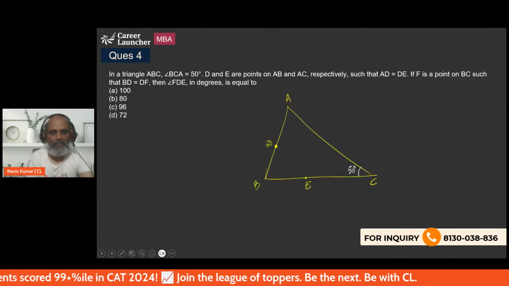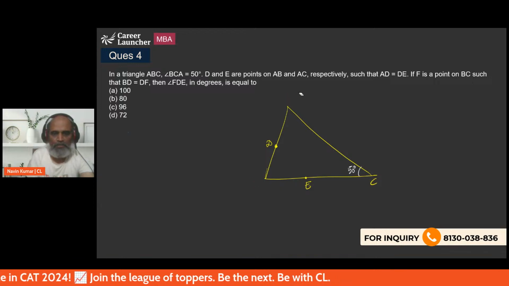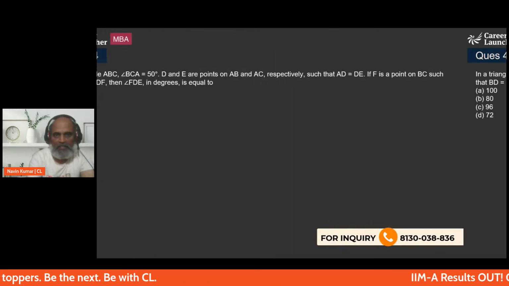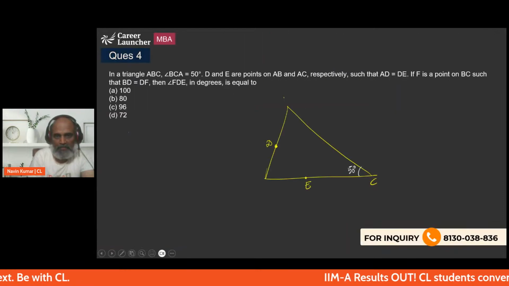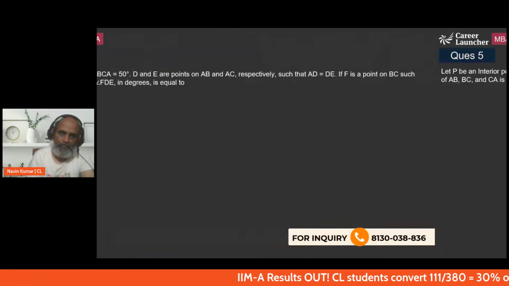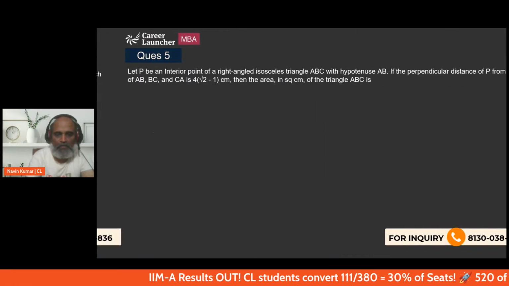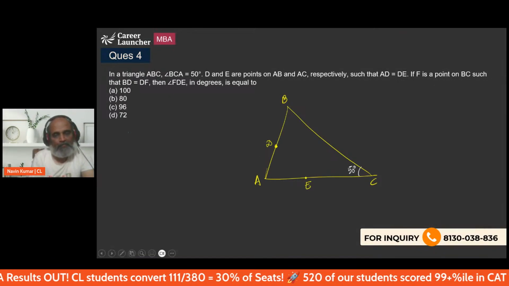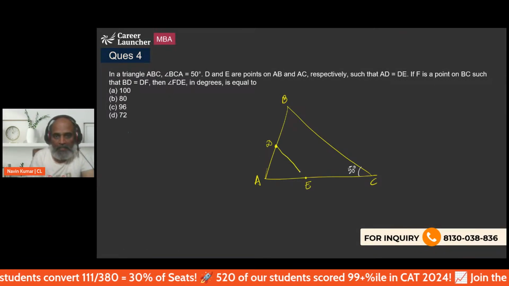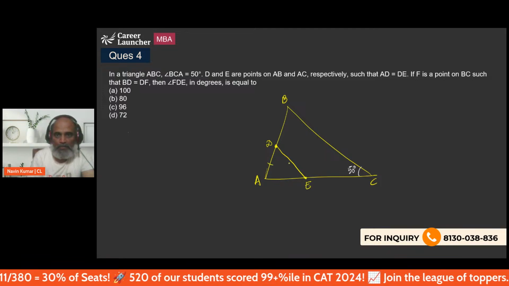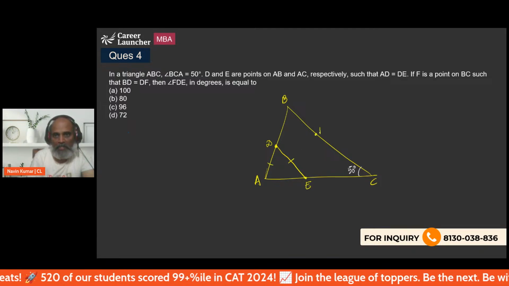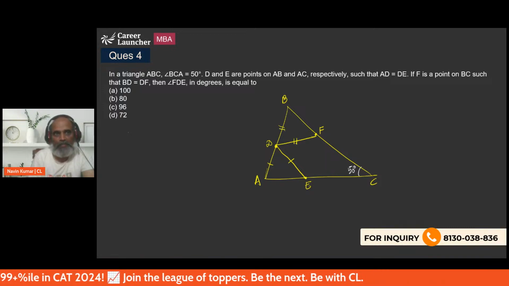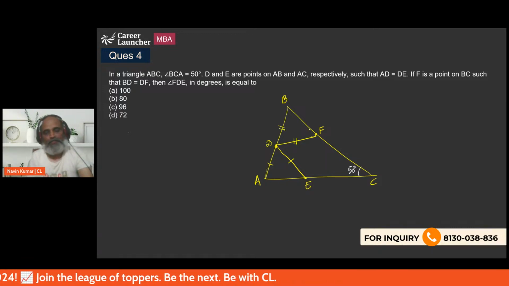Acha, I had taken these two as reversed. So B was at the top. This is B, this is A. So we had AD equal to DE, where E is a point, and then there was a point F on BC such that BD was equal to DF. Okay.